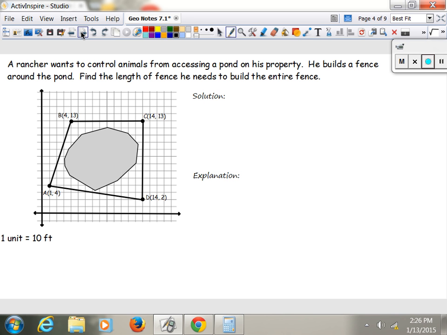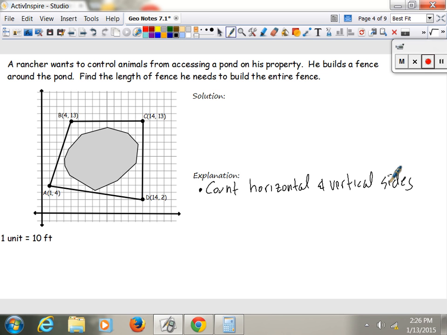Couldn't you just count over and count down? So that would be my first thing in the explanation. I would count horizontal and vertical sides. You can put it however you want. These are your notes. You can use them on the test. I'm just trying to help you so you have more information when you do use them on a test.